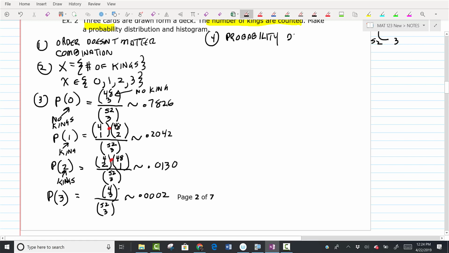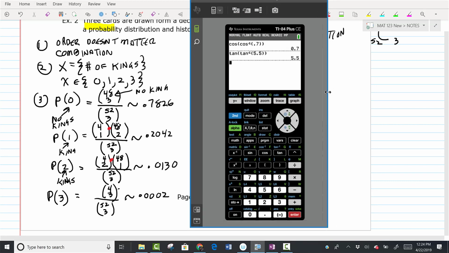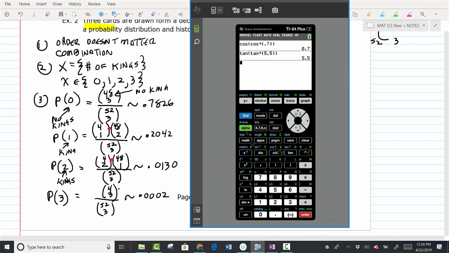You divide the top, 4 divided by 1, 48 divided by 2, and then multiplying. What I'm doing on the calculator is you can do that combination in your calculator. For instance, let me show you what I did on the probability of 1. I go parentheses, math, probability, combination, and that was 4, 1 at a time.